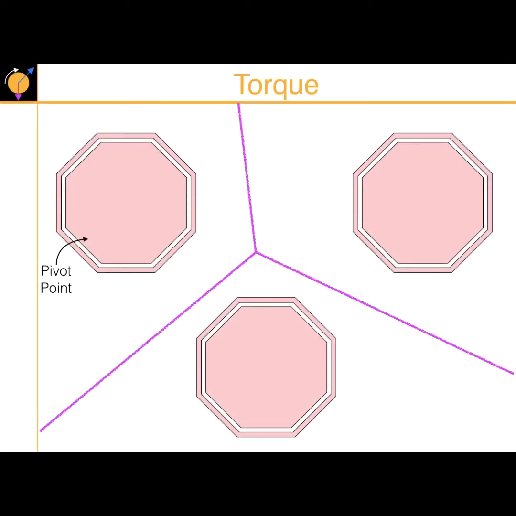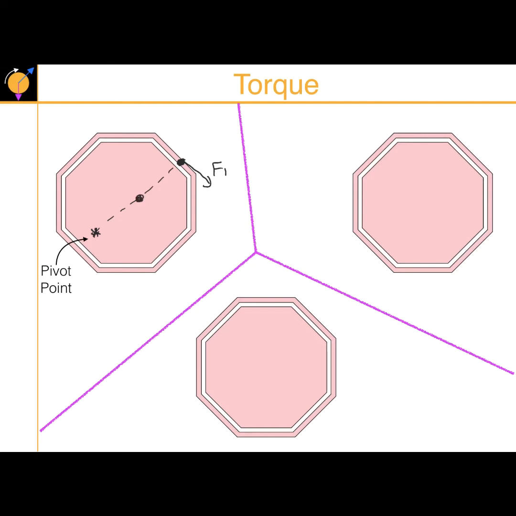If we look at a couple other examples, let's have our pivot point again. Let's say at first I exert a force at this point here, very far out. That's going to give it a rotation clockwise.